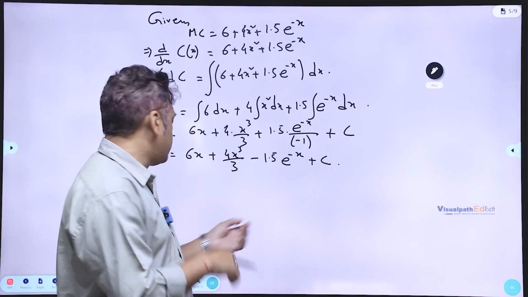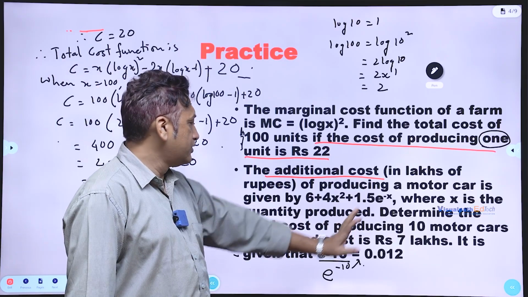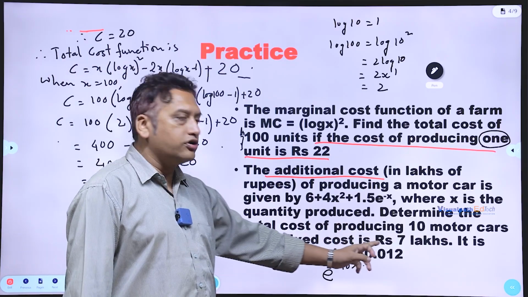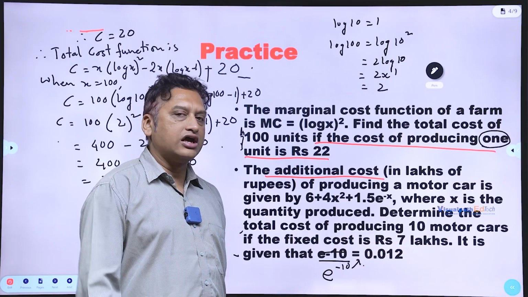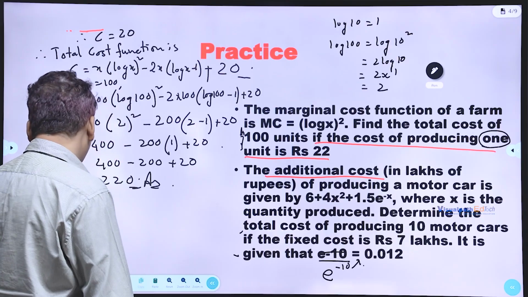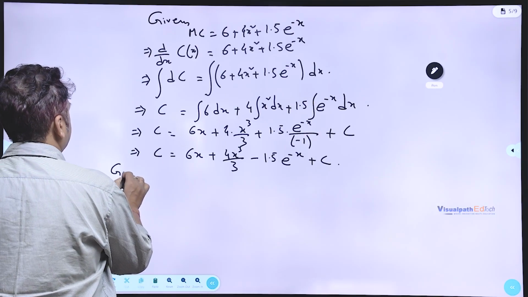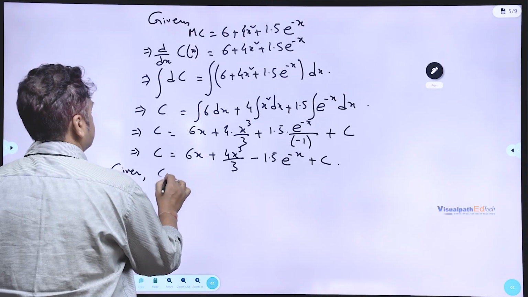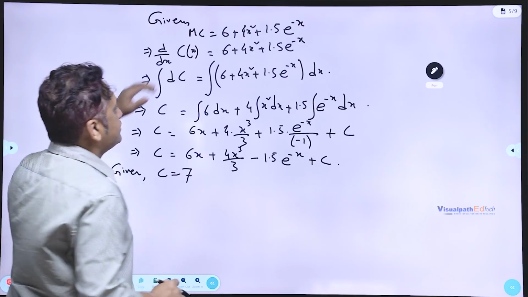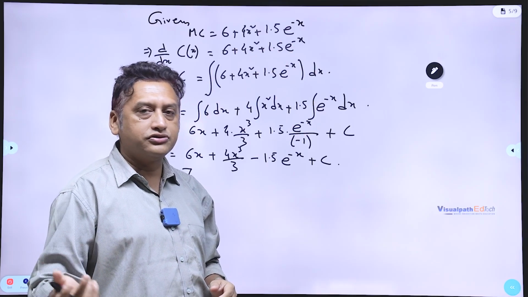Now, we have to find out the value of c. For that we have to go back and see what information is given. Information given is that the fixed cost is rupees 7 lakhs, so that means C is 7 even if x is equal to 0. So, that is what we are going to put. Given C is equal to 7. Now remember, this entire expression is given in lakhs, so that's why we are not putting 5 zeros.